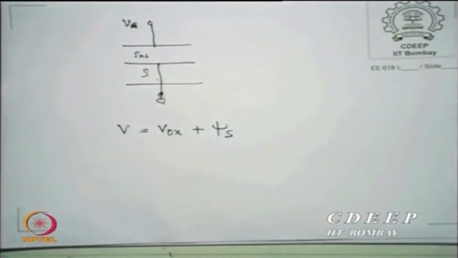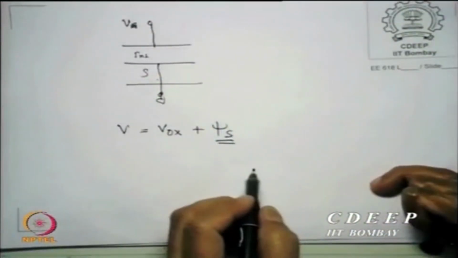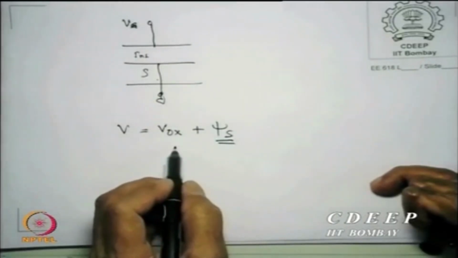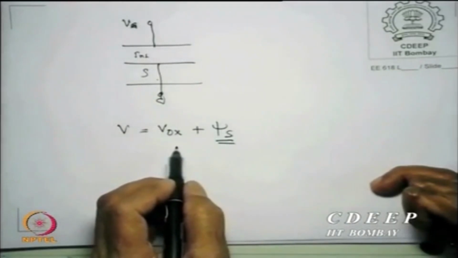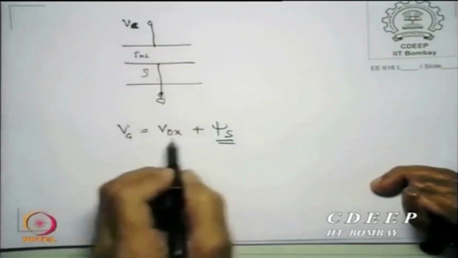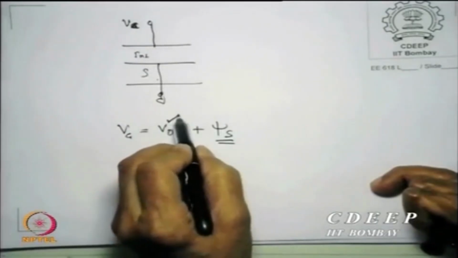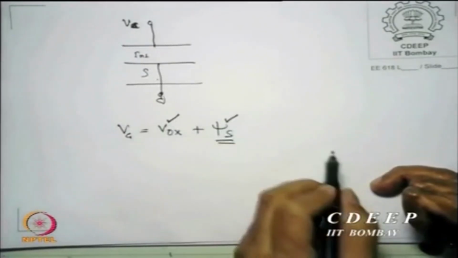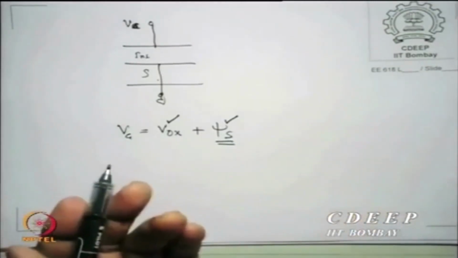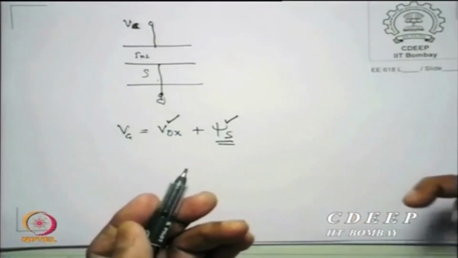This is like a voltage divider: you apply a voltage, and it divides across the two regions. The potential in the semiconductor is defined in terms of psi s, and the potential across the oxide, which we want to find soon, is called the oxide drop. So if I increase Vg, either this will increase, or this will increase, or both will increase, is the game we are trying to play. Is that point clear?